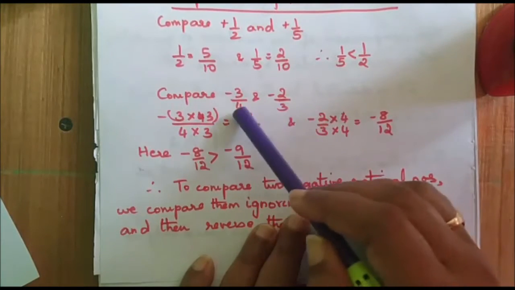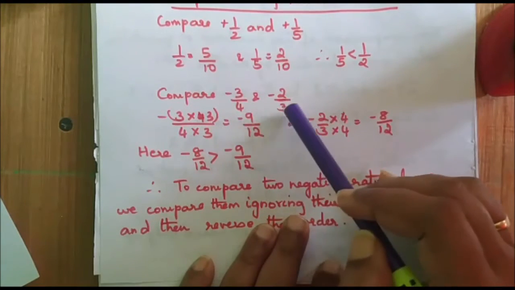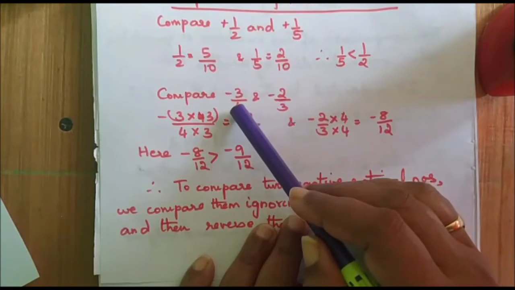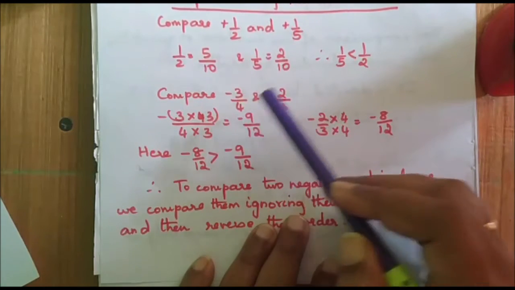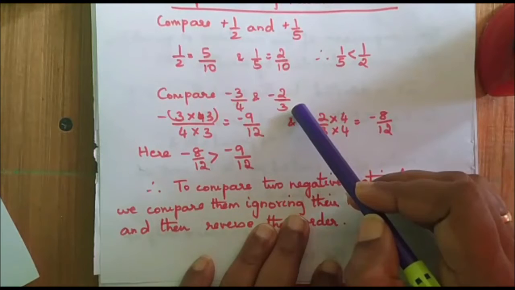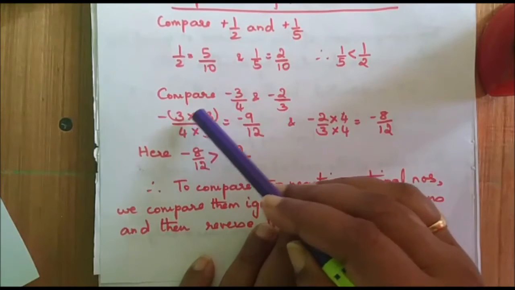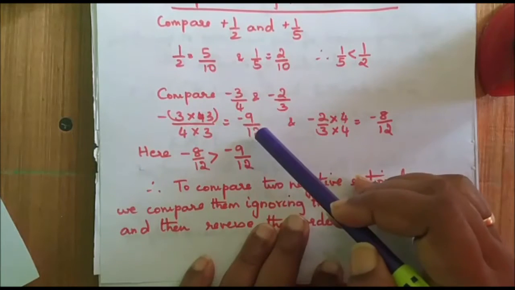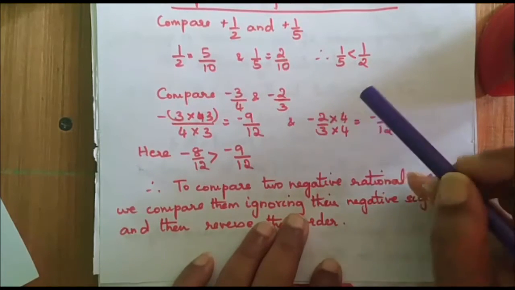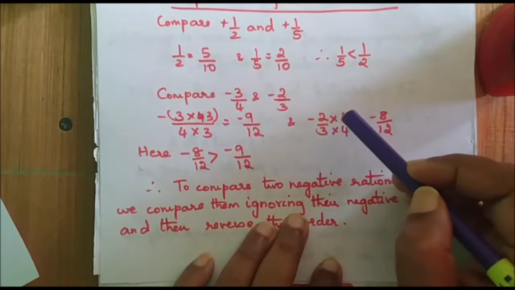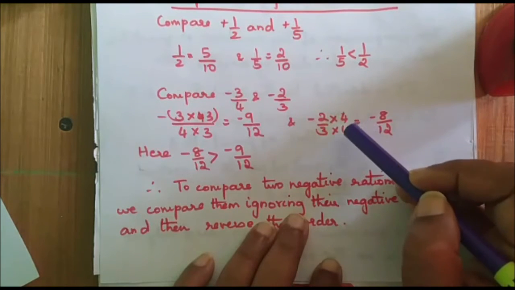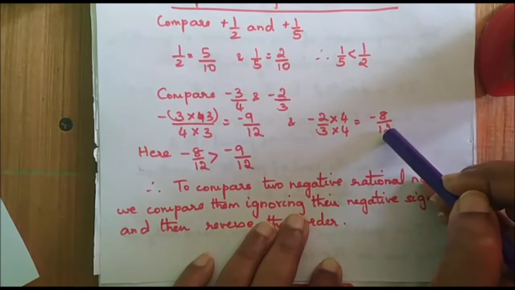Now 4 and 3 are the two denominators. How can I make it common? I can multiply this 4 by 3 and this 3 by 4. Okay. So first number I'll take -3 by 4 into 3 by 3 is -9 by 12. Whereas when I multiply -2 by 3 into 4 by 4 is -8 by 12.